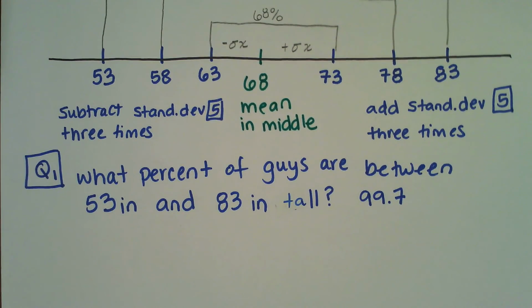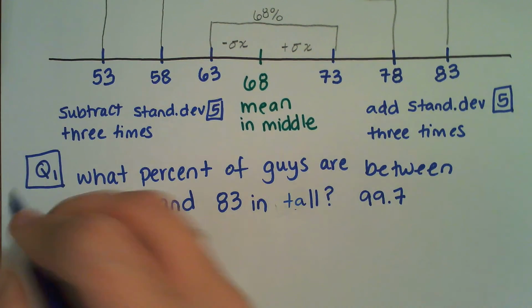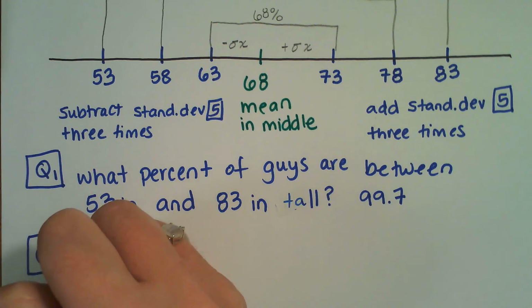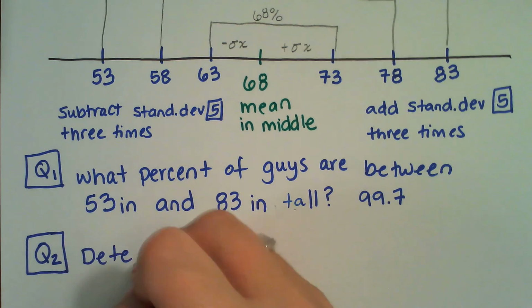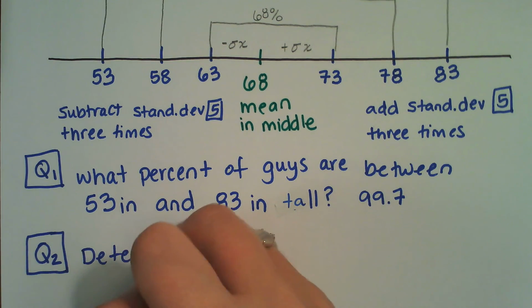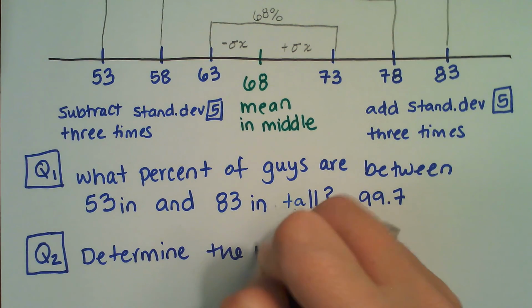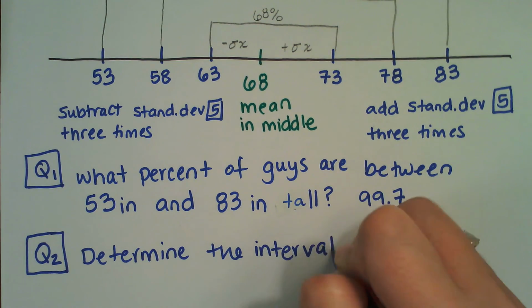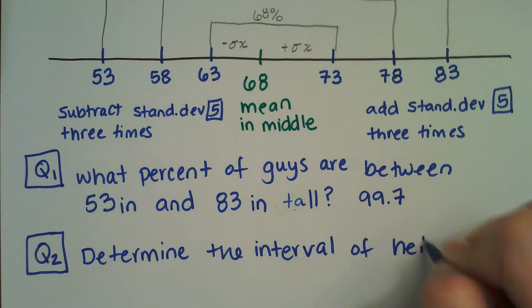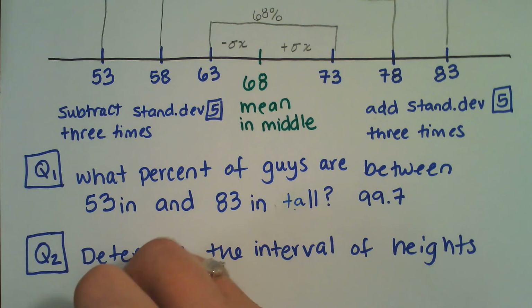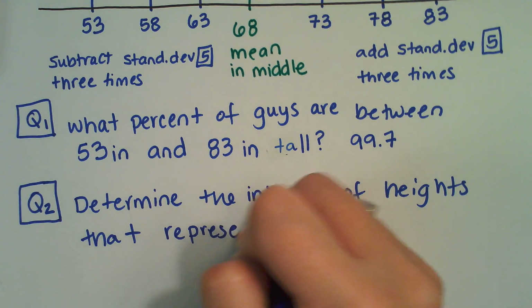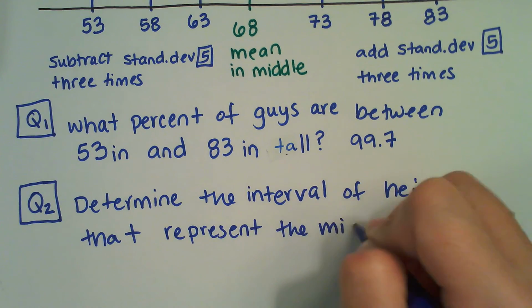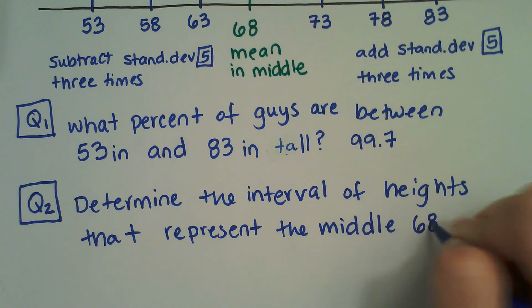Additionally, they're going to ask you questions in a different format, but they're basically asking the same thing. They'll say, determine the interval of heights that represent the middle 68%.